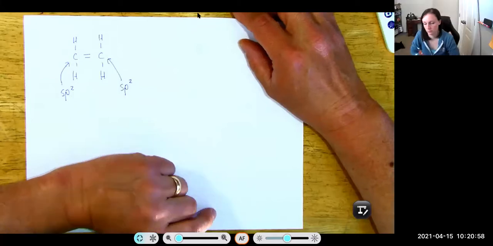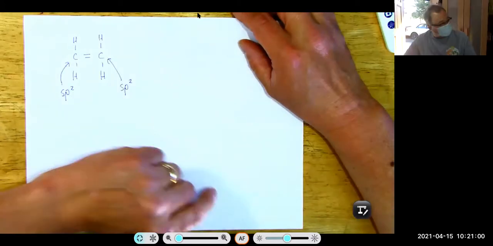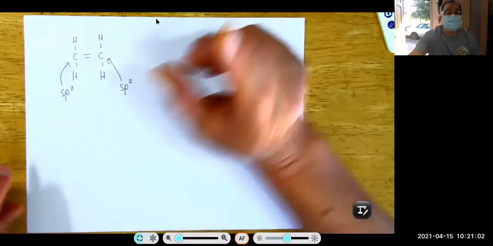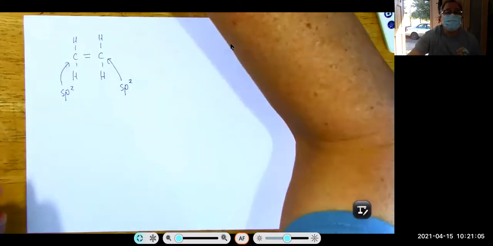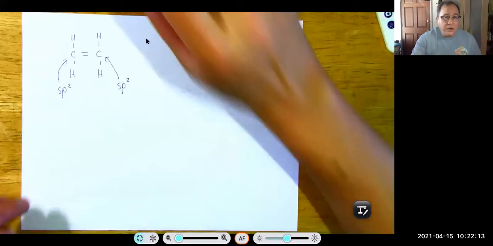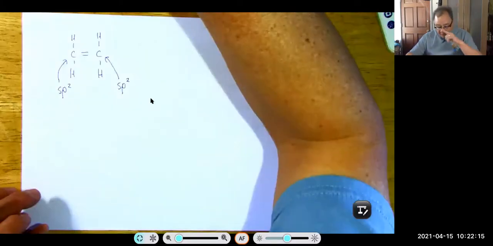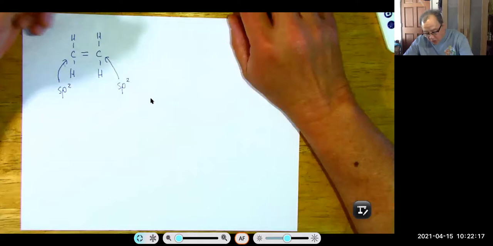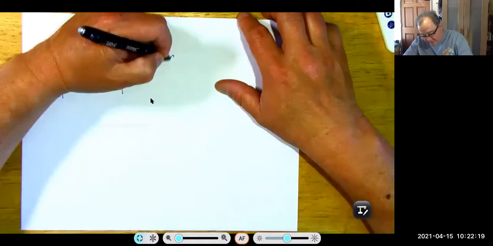Now, I'm going to purposefully draw this a certain way. Hang on a second. Each of these is sp2 hybridized, and I could draw it this way.